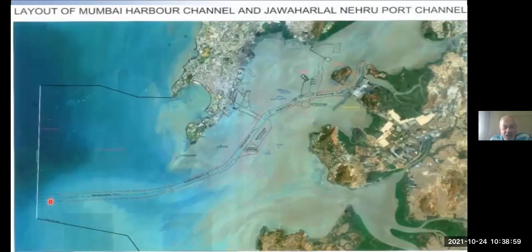Now, when ships are coming inside, in case you have any bridge, suppose tomorrow they build a bridge from Colaba to Uran, then ships coming in will have limitations for air draft, because a bridge cannot be built as high as possible.